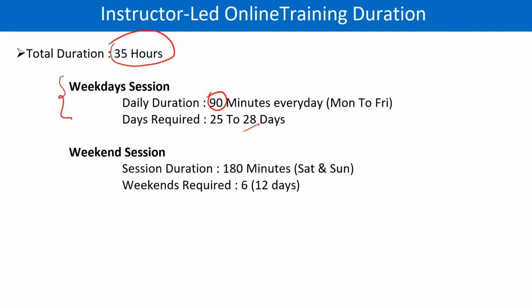That's the weekday session duration. The weekend session duration is 180 minutes, that is 3 hours on Saturday and 3 hours on Sunday. In total it's going to take 12 days, that is 6 weekends, to finish all the topics. That's the duration of this training, guys.